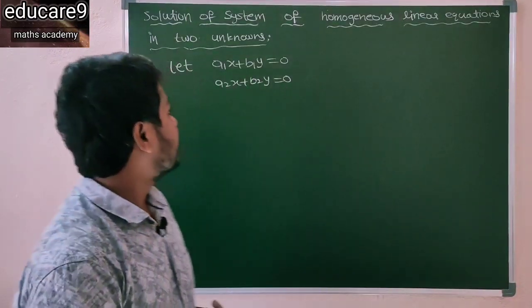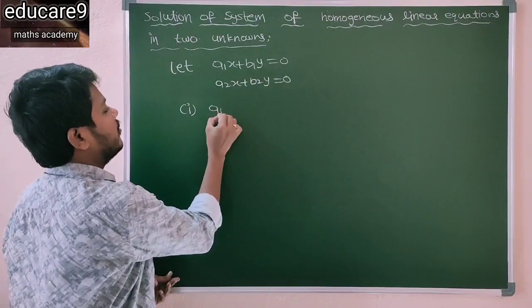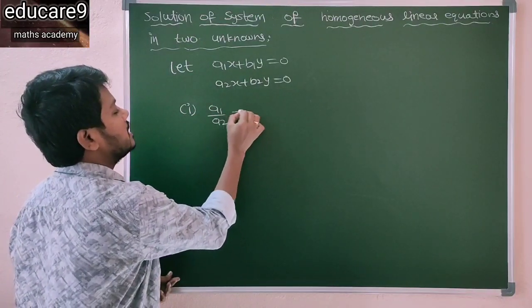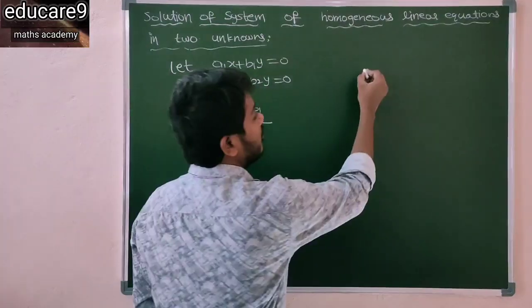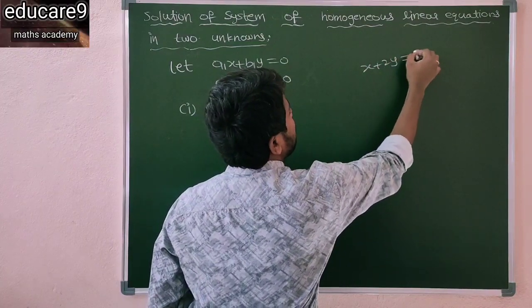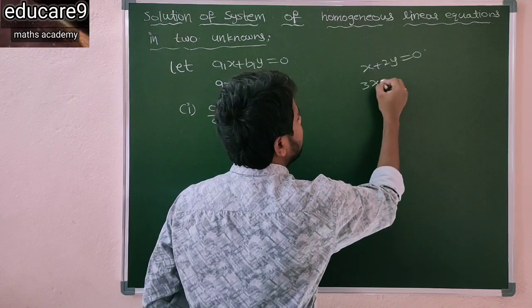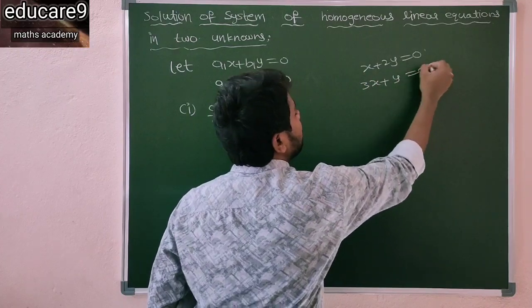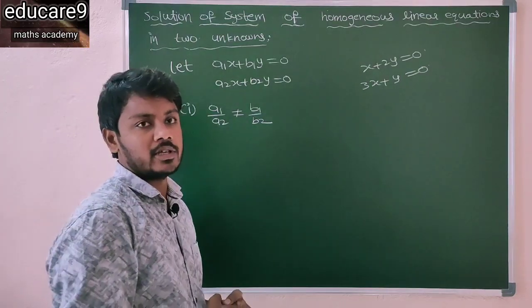First, a1 by a2 is not equal to b1 by b2. For example, x plus 2y is equal to 0 and 3x plus y is equal to 0. Clearly these are two homogeneous equations.